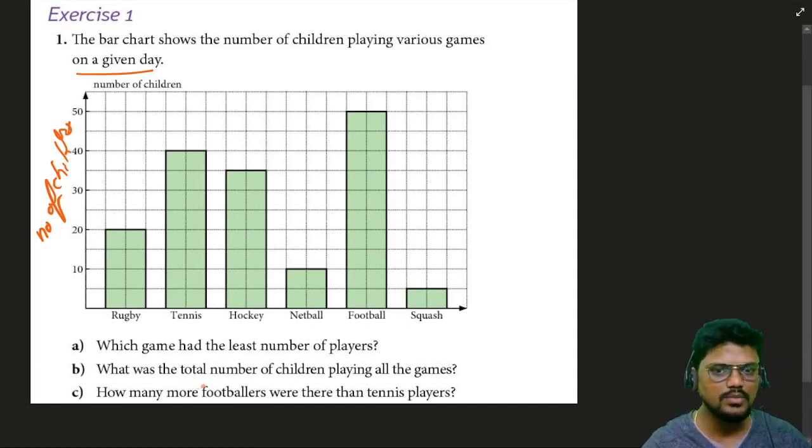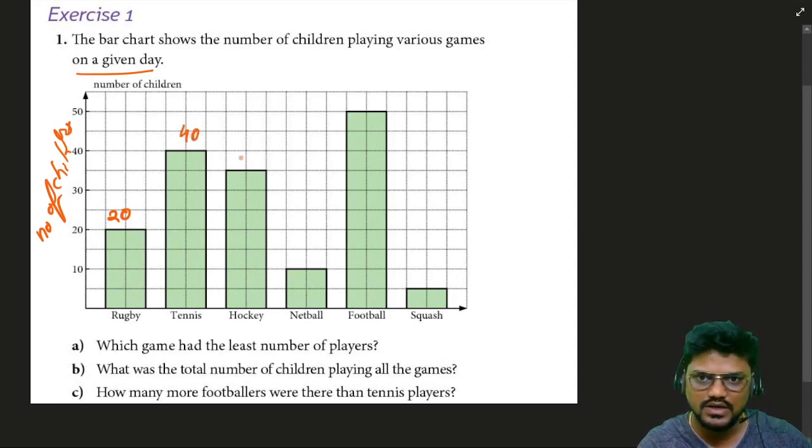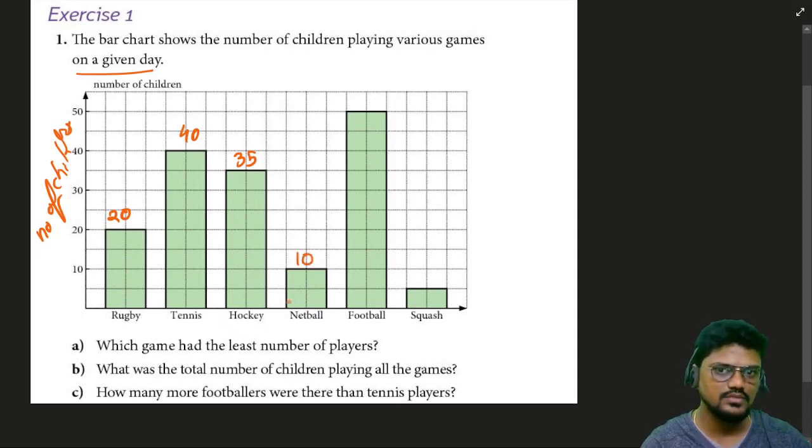What was the total number of children playing all the games? Over here there were 20 students, over here 40 students, over here 35 students, over here it is 10, over here it is 50 and over here it is 5.